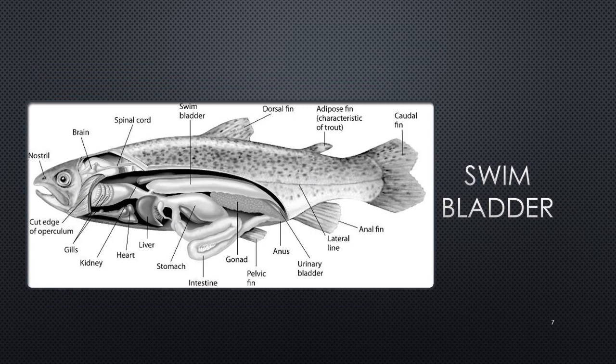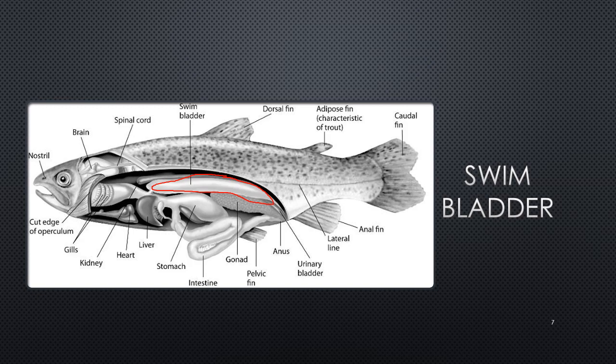So here is our swim bladder that we talked about, and that's our buoyancy organ. It's right here, and it comes from an outpocketing of the digestive system. And most of the time it's going to be filled with a gas. In some fish it is filled with an oil instead.